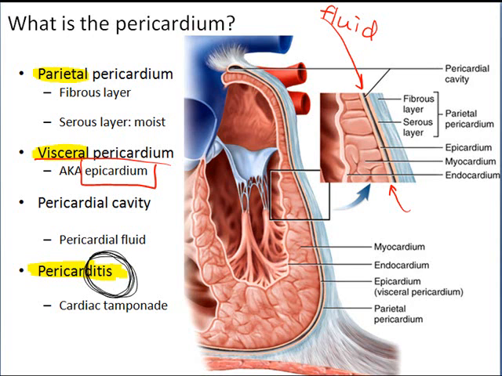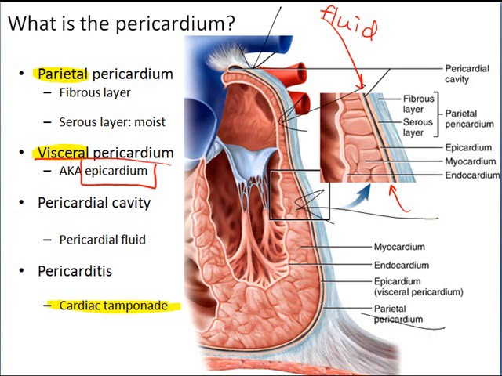At the opposite end of the spectrum is a condition called cardiac tamponade. And that occurs if you get too much fluid accumulating in the pericardial cavity. So in this case, remember again, the heart is in an enclosed space. So if I suddenly have too much fluid accumulating in the pericardial sac, that's going to start pushing in on the heart.